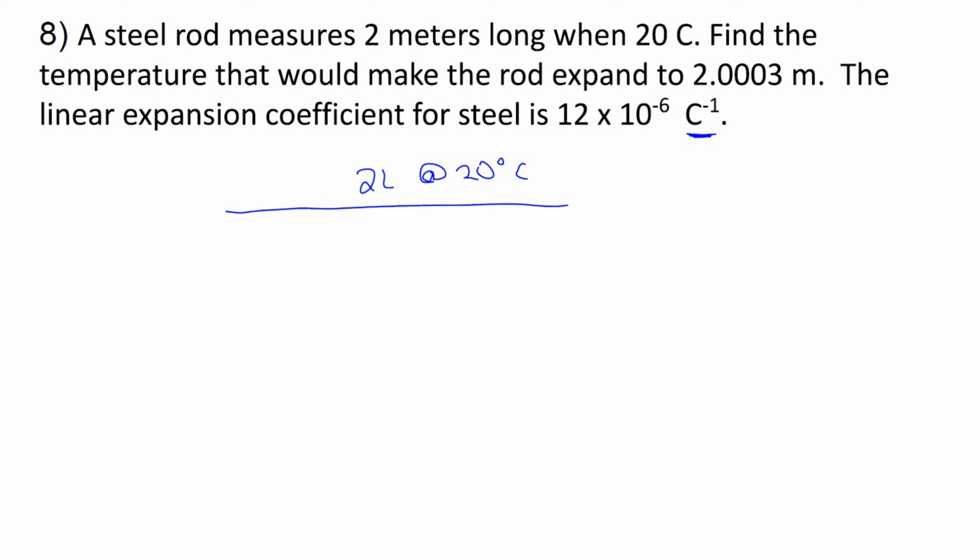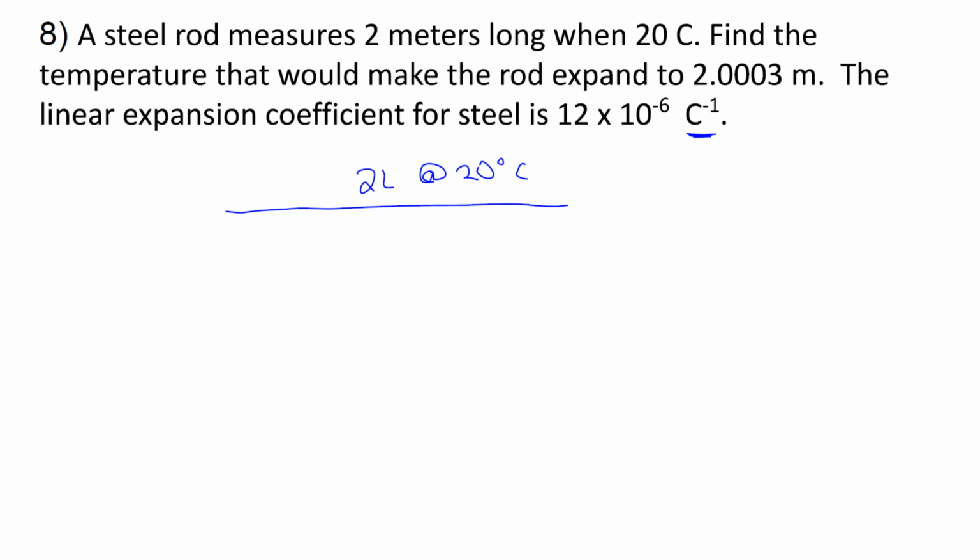The unit's not suggesting that I do it. I also know that this is an expansion, and that's a delta T, and delta T, it's the same in Celsius and Kelvin. If it changes 15 degrees Celsius, it's also going to change 15 degrees Kelvin. So it doesn't matter when there's a delta T.